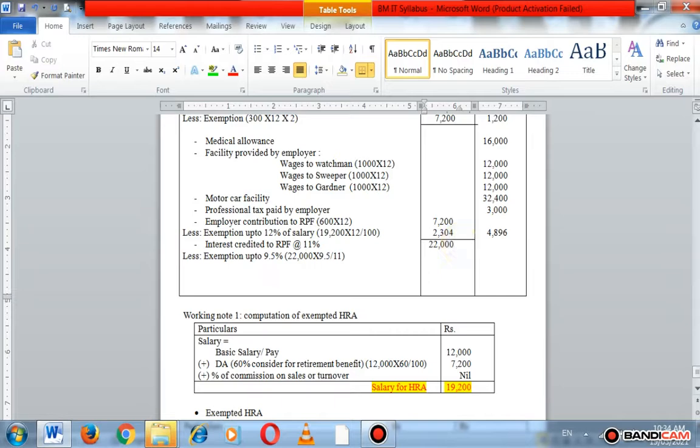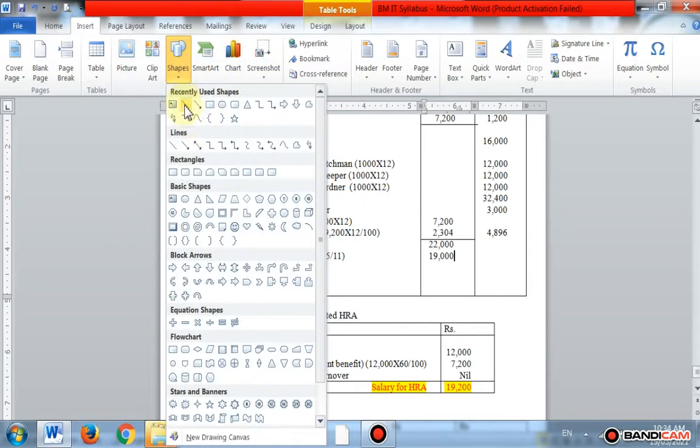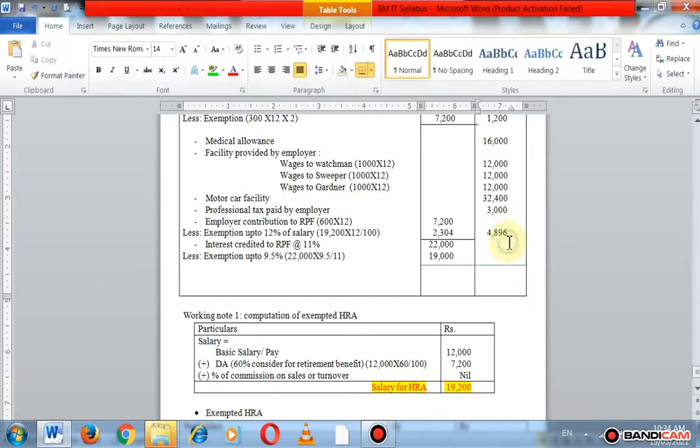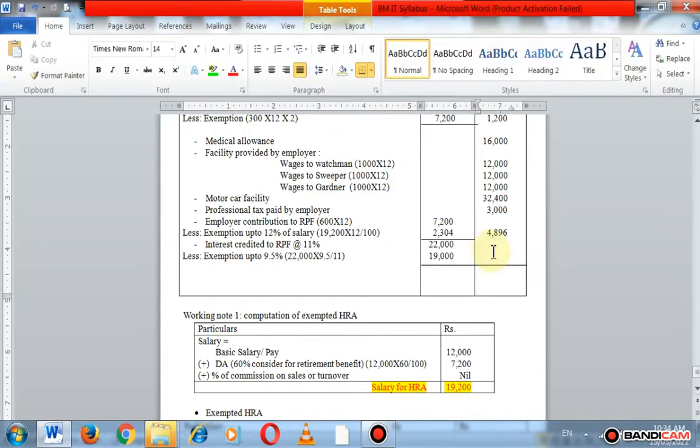Here the answer is 19,000. So deduct the 19,000, and the remaining balance is taxable. So the taxable balance is 3,000. Got it? Taxable balance is 3,000.